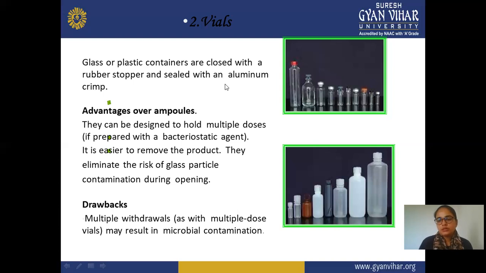So there's no chance of glass particles being present in your formulation during opening. So these are some advantages: you can use this for multiple doses or storing more than one dose, and glass particles don't come into your formulation during opening. So these are the advantages over ampules.